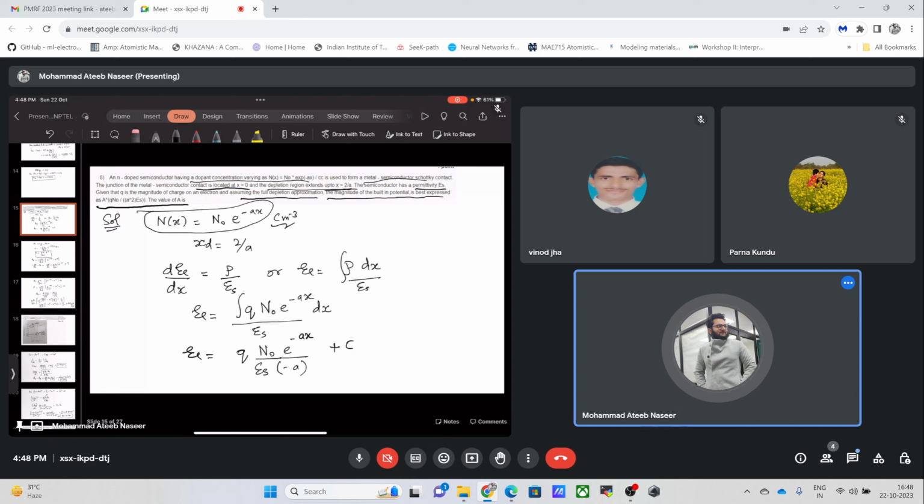If there is some other question associated with these assignments, you can ask. But I don't think I have the solution for this, because there might be some typo in the problem. The doping profile also does not look realistic to me.